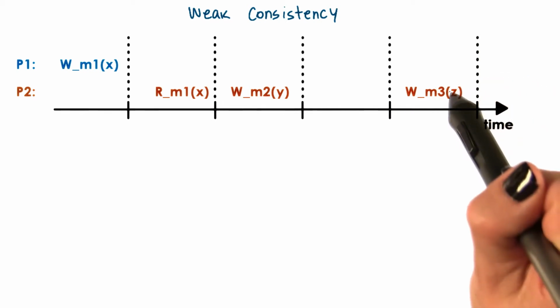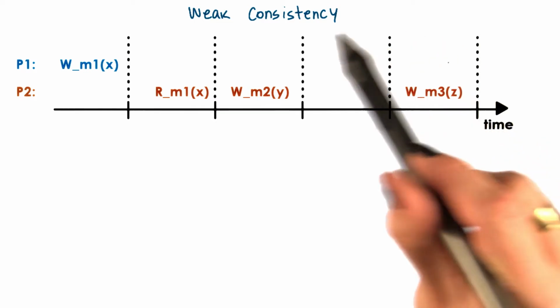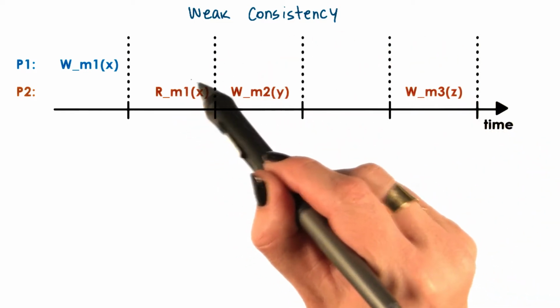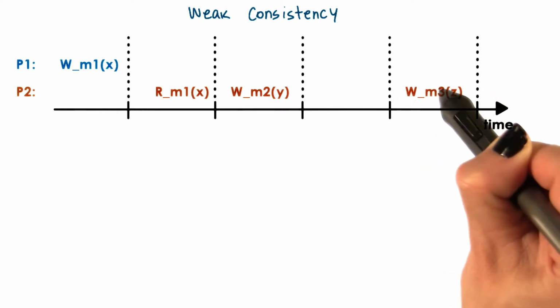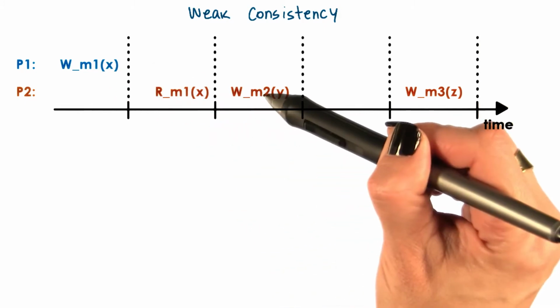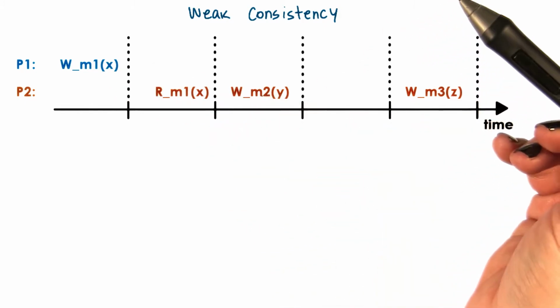And perhaps this particular value Z was directly computed based on the value that was read from memory location 1. So there maybe is a dependence between this particular write and the value that was read here, but not between these two. How can a memory system distinguish these?